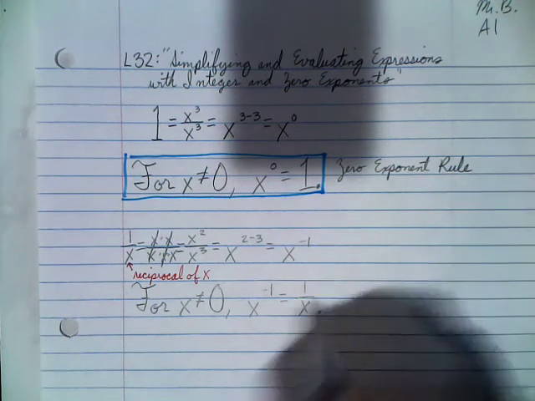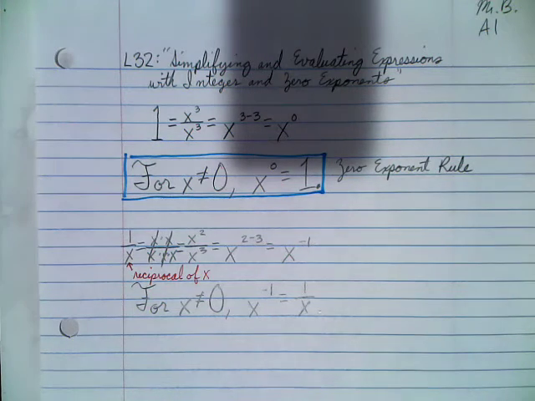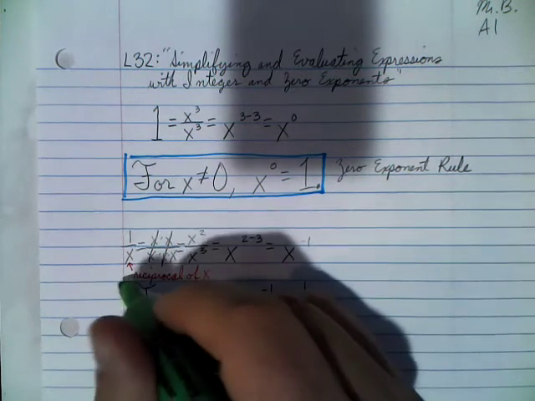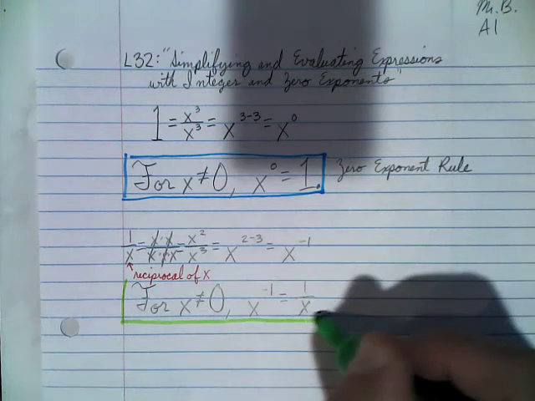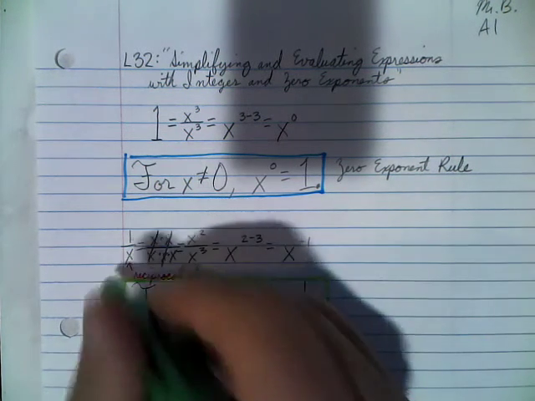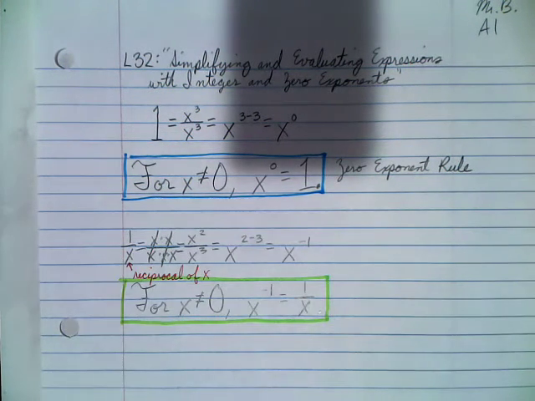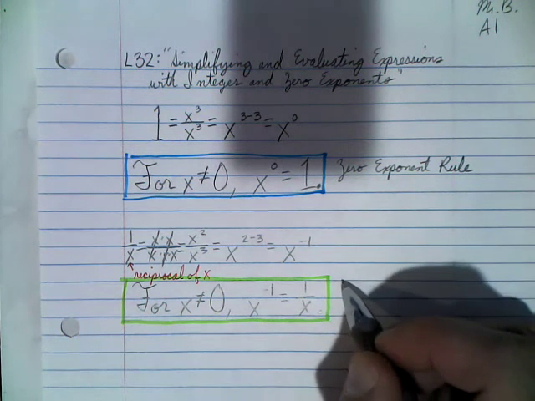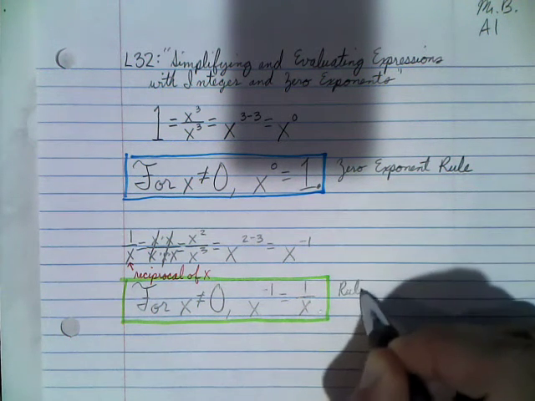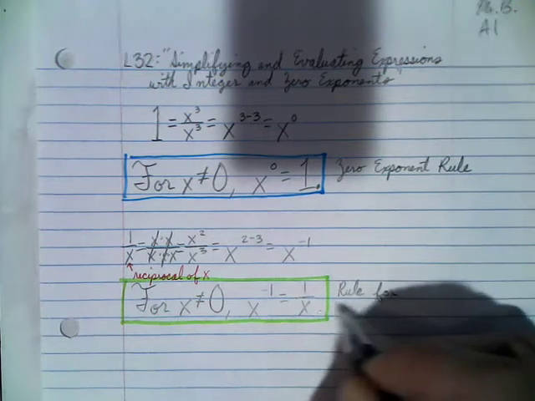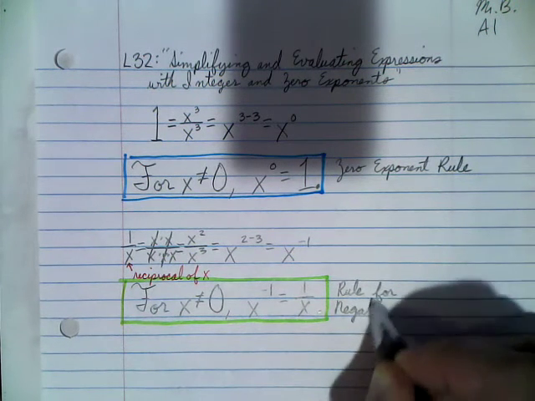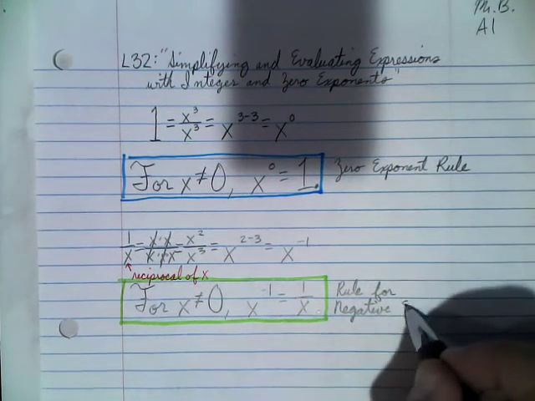In other words, equals the reciprocal of x. And I'm going to grab a different color here for this property. And this property goes by, in your book, the rule for negative exponents.